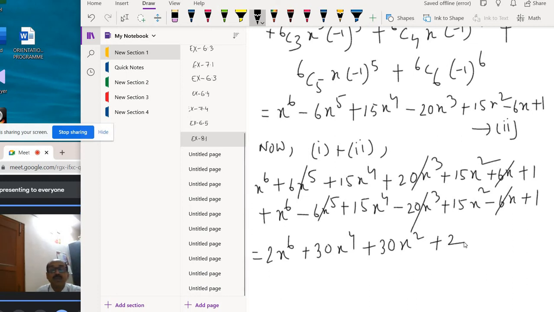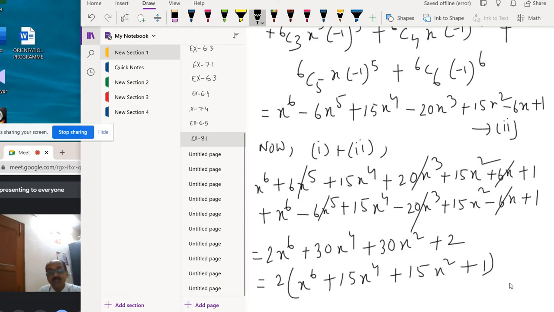Okay. Equal to, take common, 2 is common: x to the power 6 plus 15x to the power 4 plus 15x square plus 1.